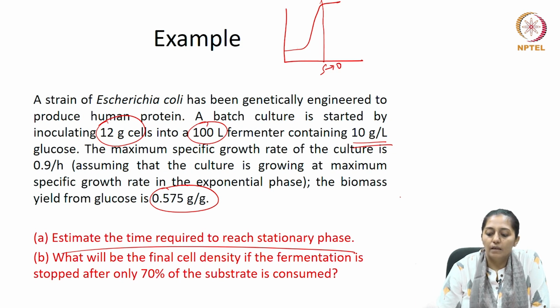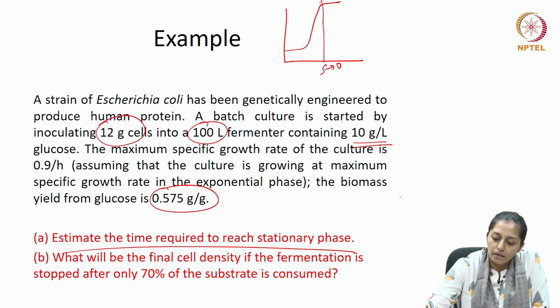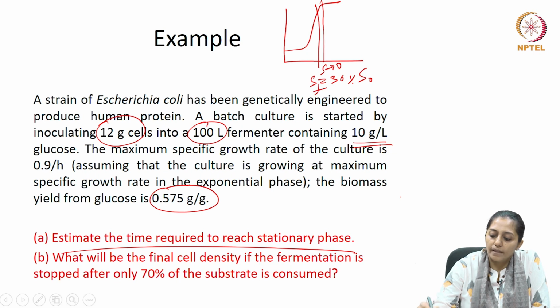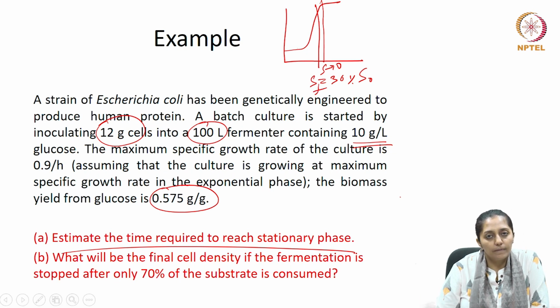Now they are saying, rather than assuming that, what if the reactor is harvested when the final substrate concentration is 30% of the initial substrate concentration, so that only 70% of the substrate is consumed? You know the initial substrate concentration and the desired conversion, which is 70%, so you can calculate the final substrate concentration.